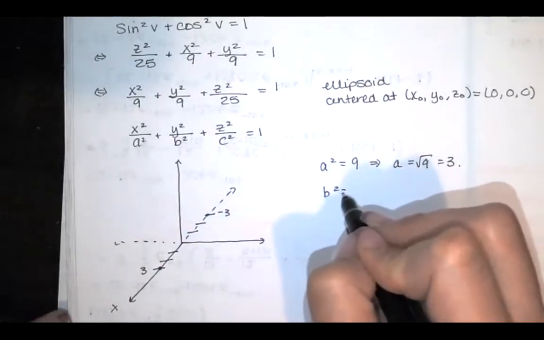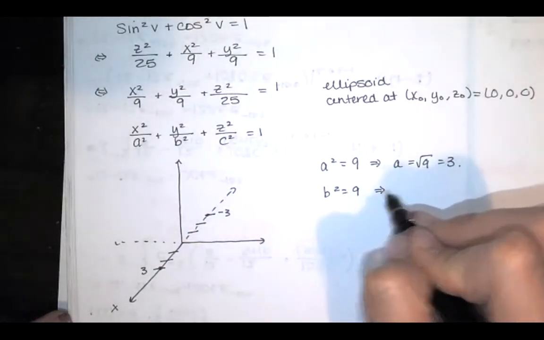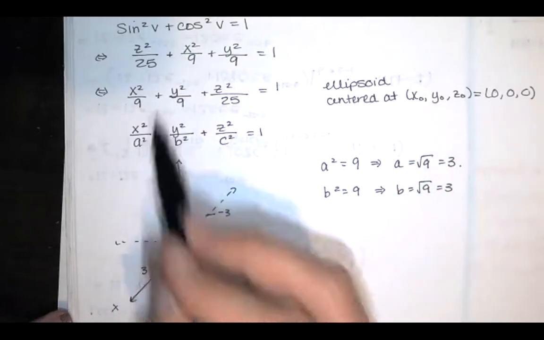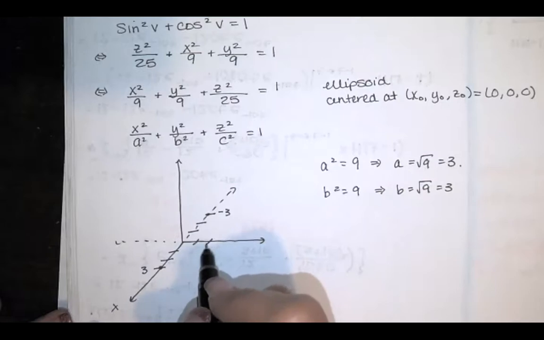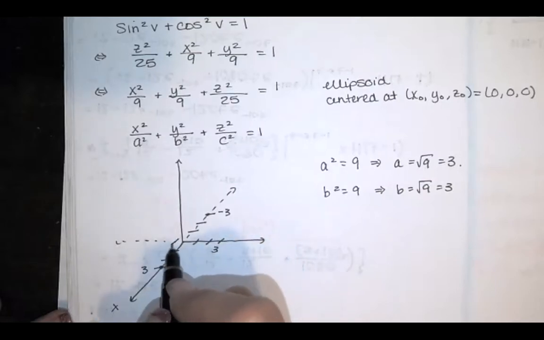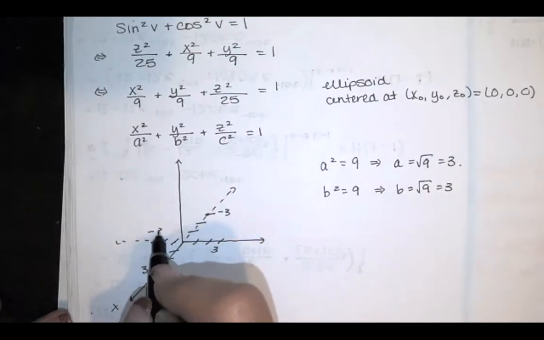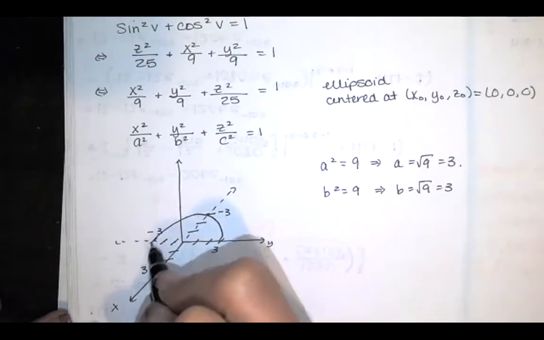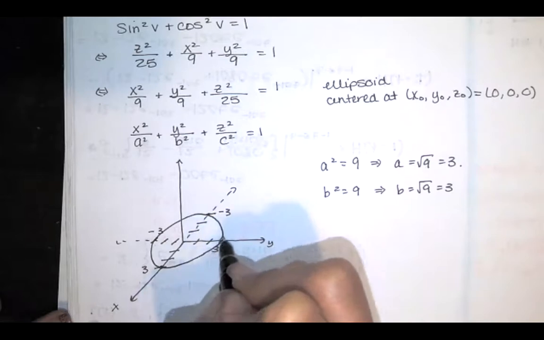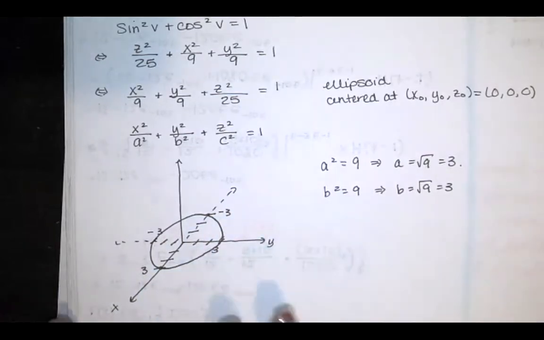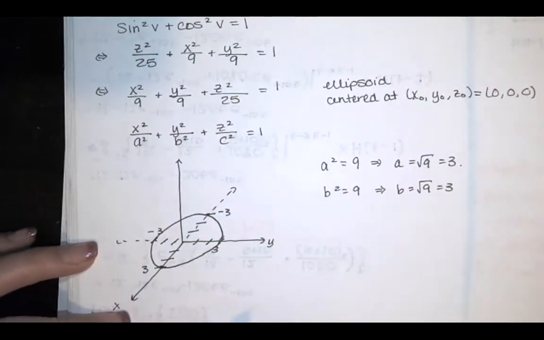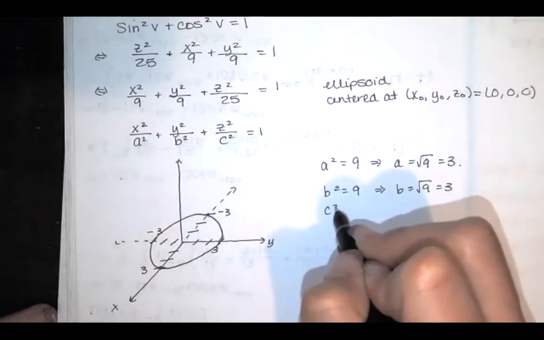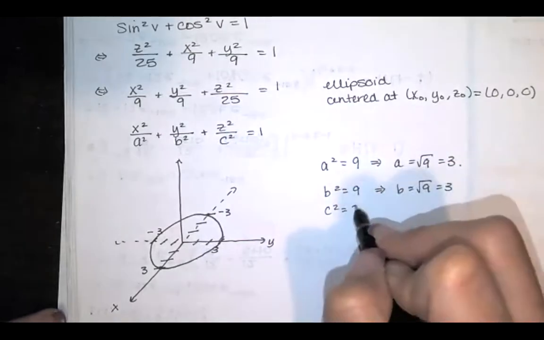B squared is also equal to 9. So b is the square root of 9, or 3. That's under our y. So we're going to go plus and minus 3 units in the y direction. So we end up with a circle of radius 3 in the xy plane. And then c squared, that's the number under z, is 25.